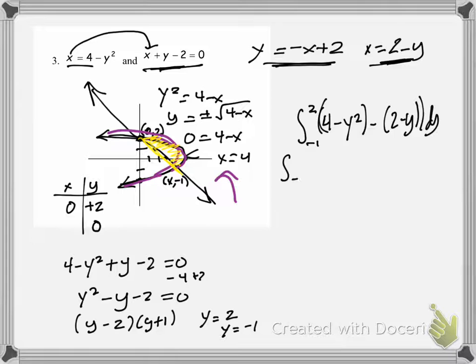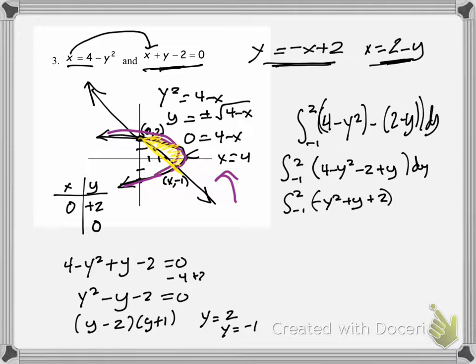So we have the integral from negative 1 to 2 of 4 minus y squared minus 2 plus y dy. Let's get this all in order: negative y squared plus y plus 2, dy.